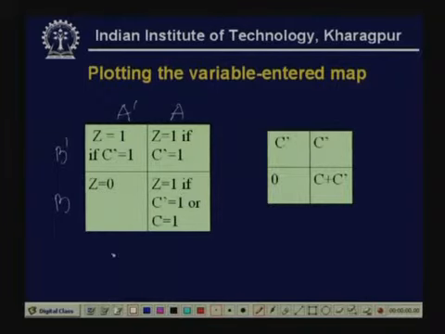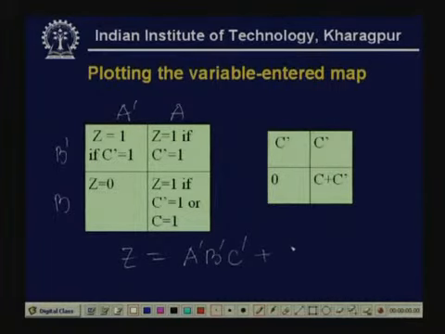So, from here what we can tell is that my expression must be some Z. For the first element, this is A dash B dash C dash, because my C dash is the variable, or map entered variable.